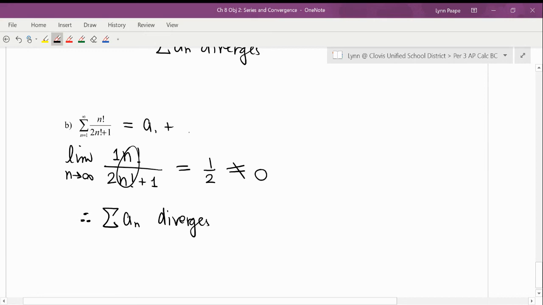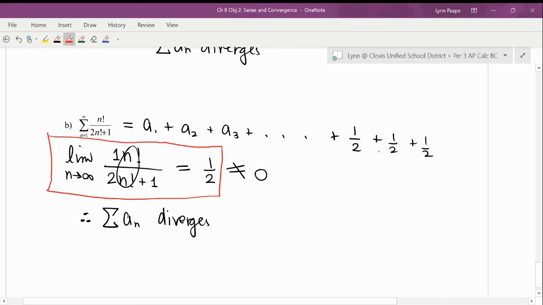Okay, and then again, just to make sure we get this, when I substitute in 1, I'm going to get a value. When I put in 2, I'll get a different value. When I put in 3, I'll get a different value. And when I'm close to infinity, whatever that means, what are going to be those tail end numbers? Those tail end numbers are going to be 1/2, because that's what this is telling me. This is telling me, what does the sequence converge to? The sequence converges to 1/2.